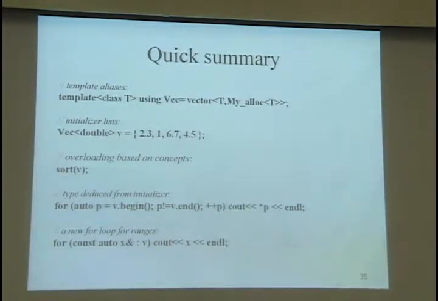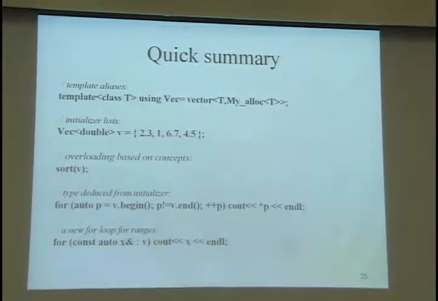And so I can do that. That's an alias declaration. And then I can use it down in the next list. So I make a vec of double with that initializer list, just to make the code prettier. And then the real magic is, of course, the innocent-looking sort of V, which requires concepts and type checking and overloading, and the whole works.